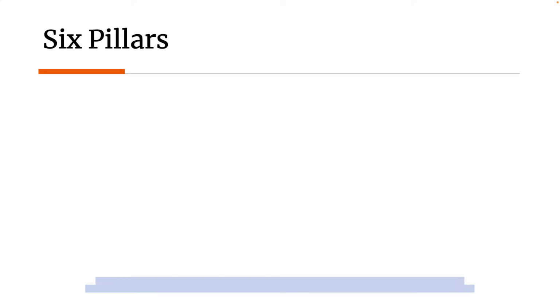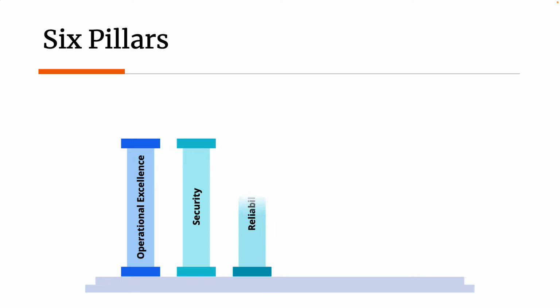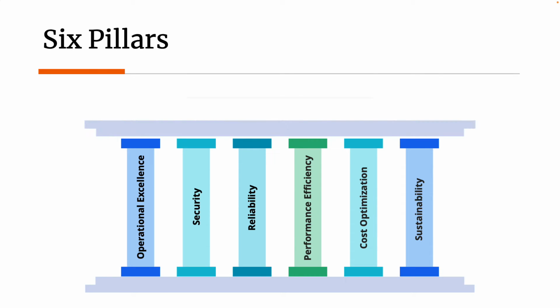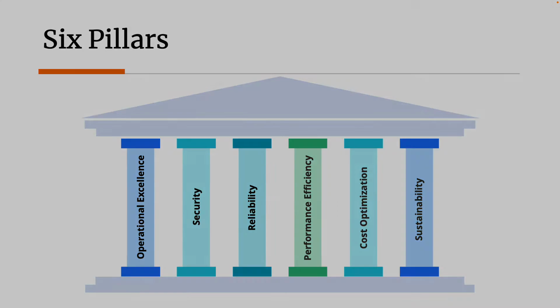So we've got the operational excellence pillar, the security pillar, the reliability pillar, performance efficiency, cost optimization, and the sustainability pillar. Let us look at these pillars in some more detail and how they can help you design and architect solutions that are highly robust, secure, reliable, high-performing, cost-effective, and sustainable for the environment.